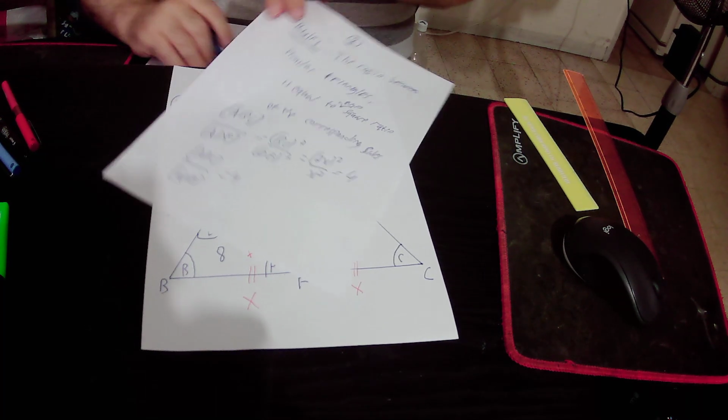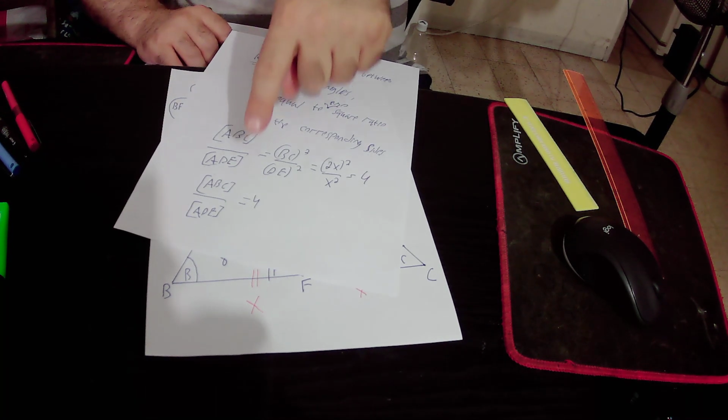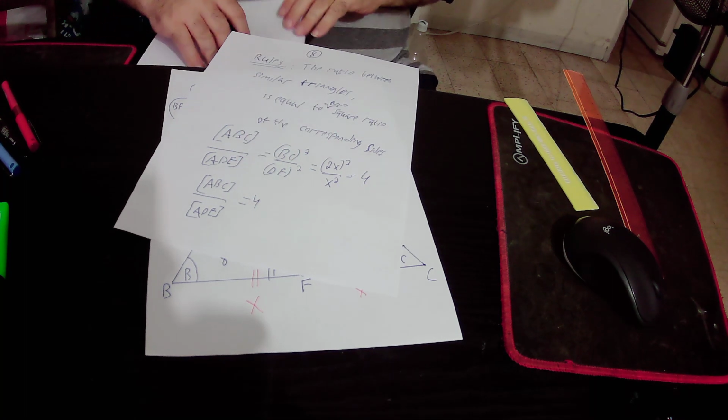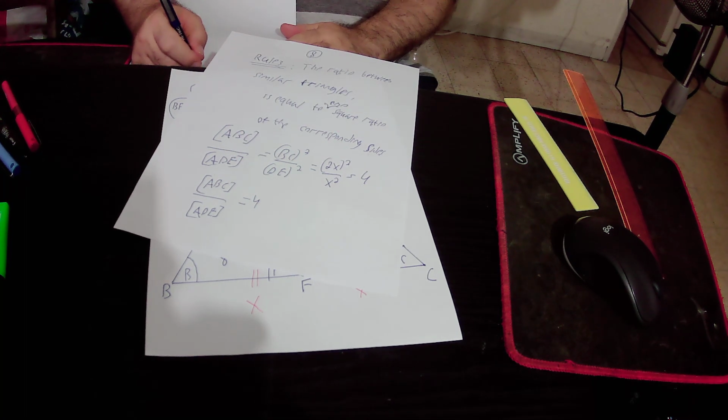Here we will multiply this equality by the area of triangle ADE, and we will get that the area of triangle ABC equals 4 times the area of triangle ADE.